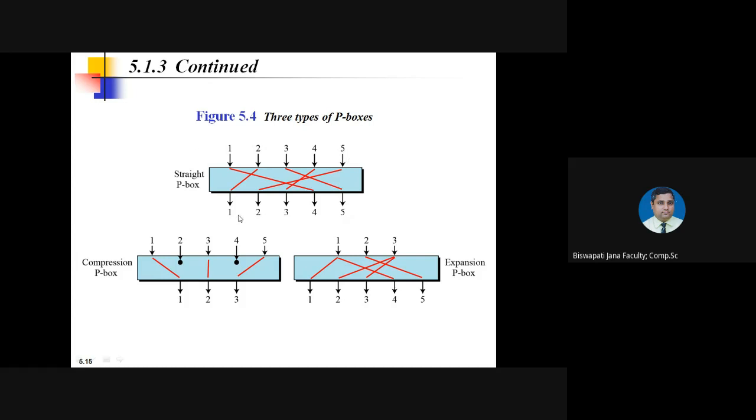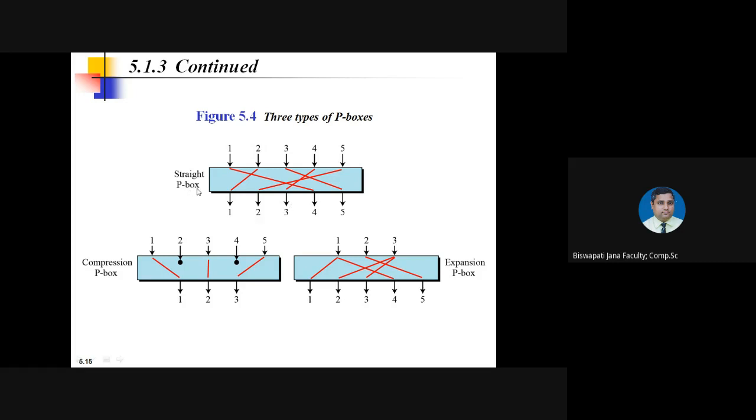The input and output lines are the same, but their positions have been changed. So the position of 1 has been shifted to the position of 4, the position of 2 has been shifted to the position of 1. In this way, we permute these 5 data places in a different way.